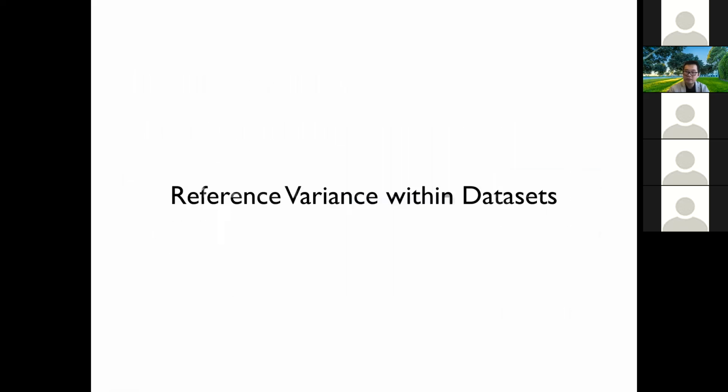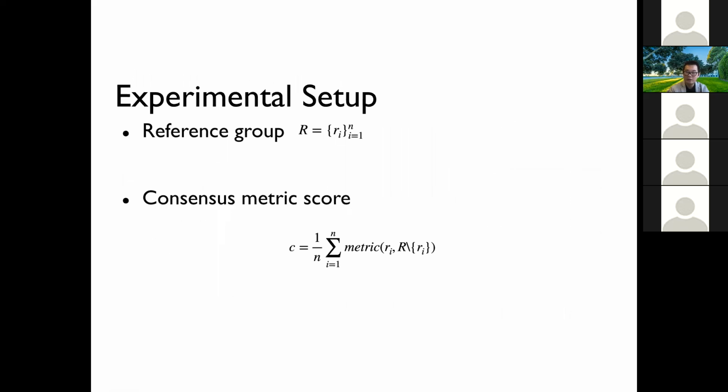So the first question we want to ask is, what about the reference variance within a dataset? One experiment we can do is to look at consensus. And how do we look at consensus? Typically in these metrics, we look at overlap between the generated sentence and the references, so we look at machine output against human output.